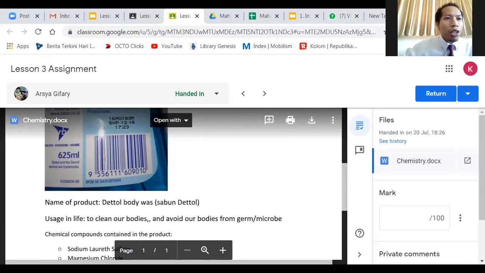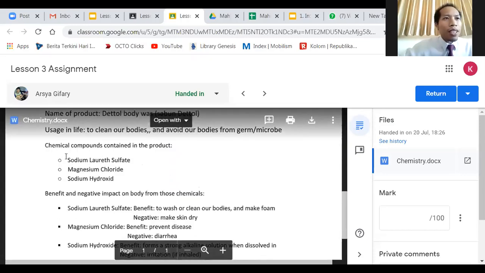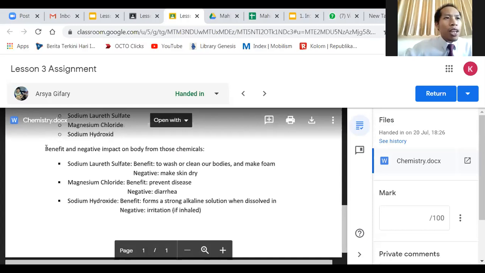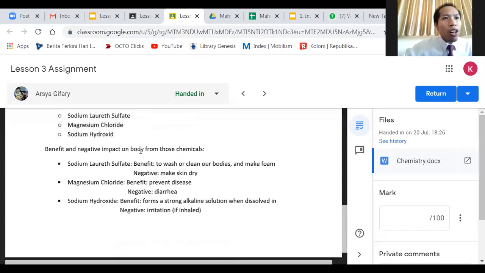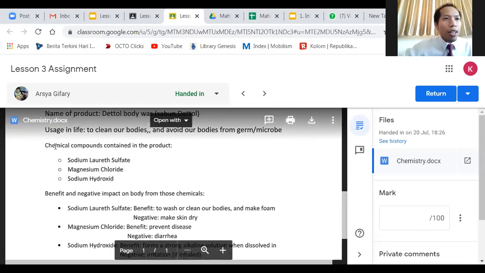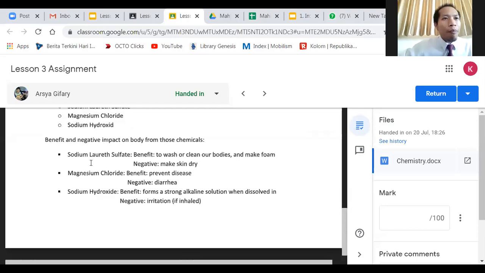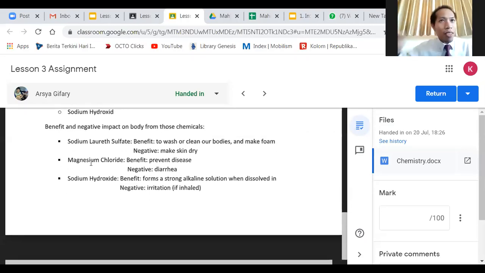You're going to choose at least 3 chemicals. For example, this student, Arsegi Pari, chose 3 examples, sodium lauryl sulfate, and so on. The next thing you have to do is write the benefit and the negative impact on the body from those chemicals.